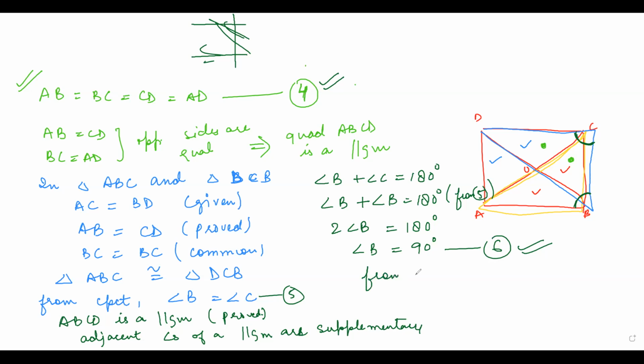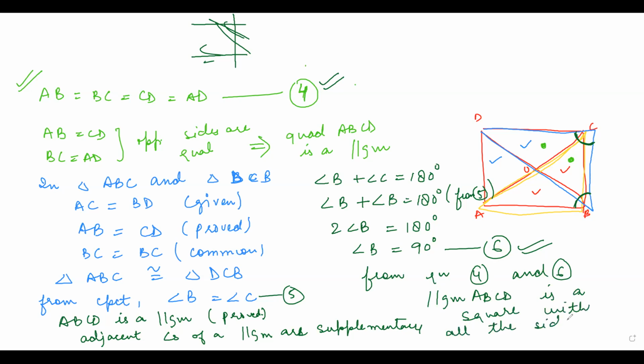So from equation 4 and 6, we can say that the parallelogram, already proved, parallelogram ABCD is a square with all the sides equal and one corner angle equal to 90 degree.